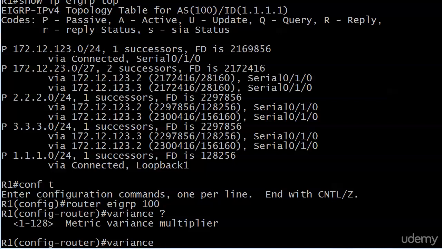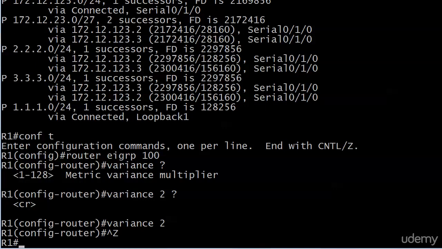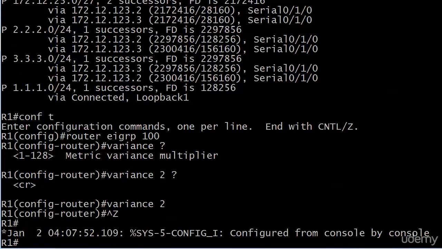So as we can see here, you really can't disable equal cost load balancing in EIGRP. So we'll go ahead and put our 2 there that we came up with. And we have absolutely no other options for this command. We'll take that. So we've got variance 2, and we put it in, and we get a little timestamp, and that's it.